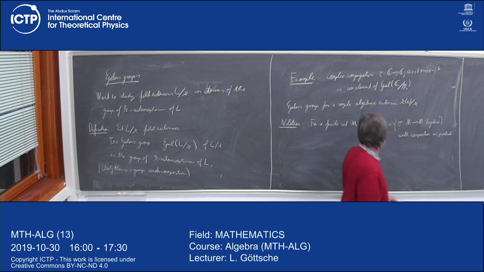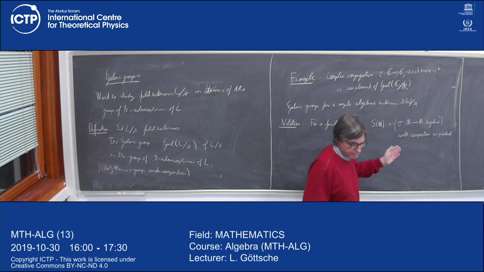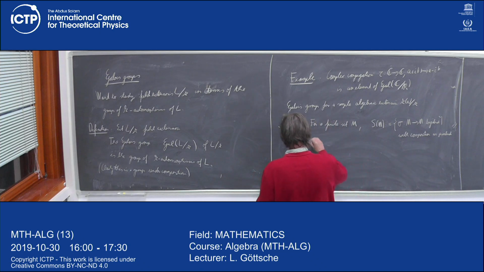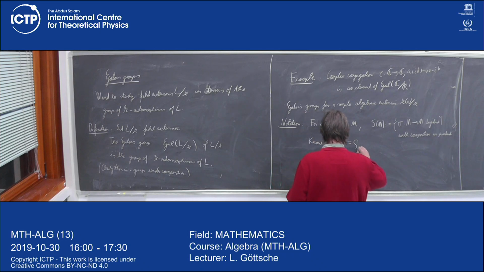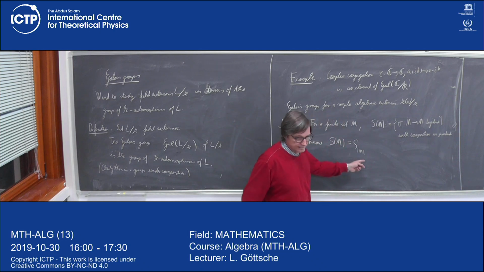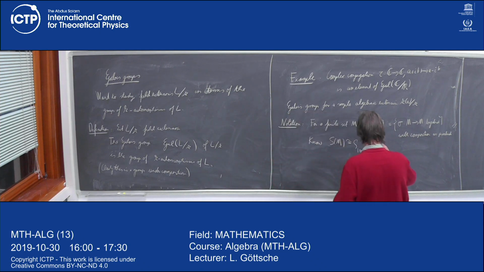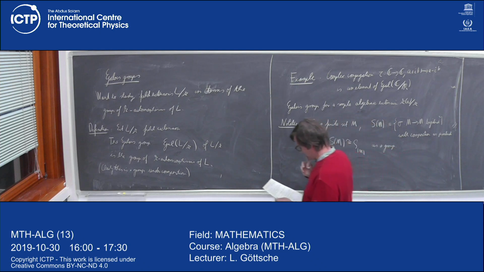This is the group of permutations of M. We had this when we were talking about it. And then we know that for |M| = m, S(M) is isomorphic to S_m, the symmetric group permuting the numbers 1 to m. Okay, I just want to recall this.